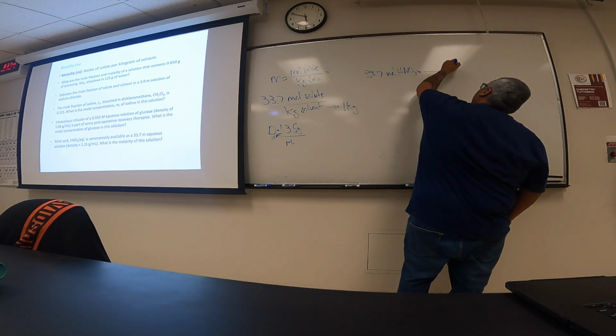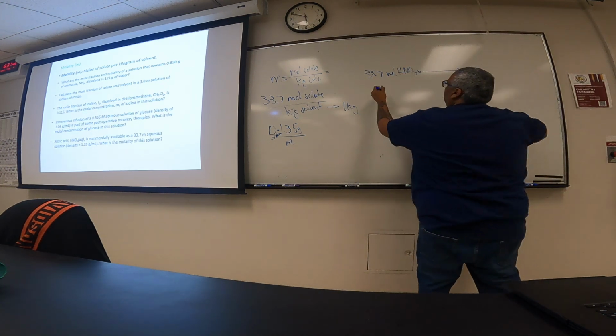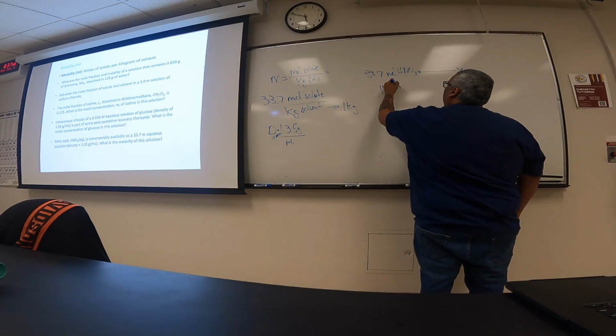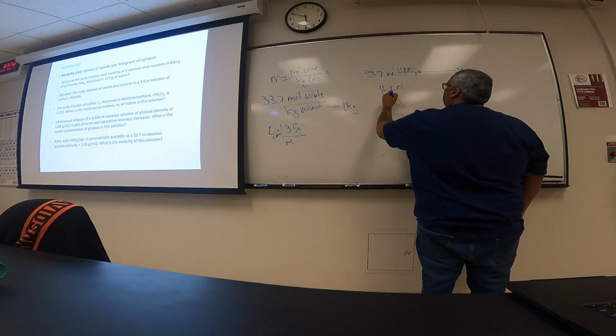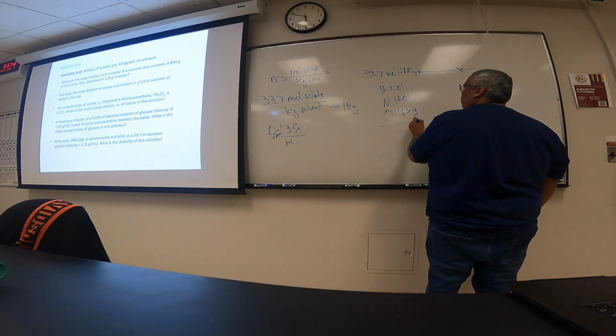And let's convert that into kilograms here. So we have hydrogen, which is 1.01, nitrogen, which is 14.01, and oxygen, which is 16. And we're going to multiply that by 3.